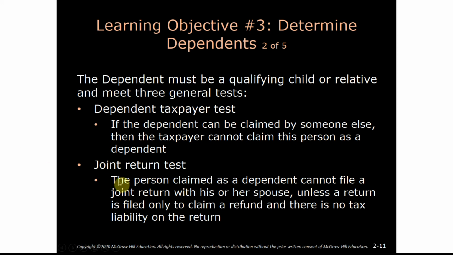So this is kind of an exception where a married couple can file a joint return even if one of them is being claimed as a dependent. Normally you cannot file if you're being claimed as a dependent, but in this case you can, as long as the reason for filing is only to claim a refund and the filing results in no tax due by the taxpayer.